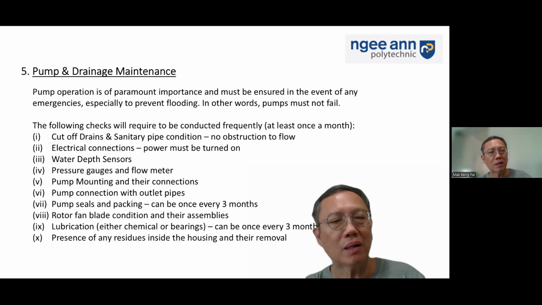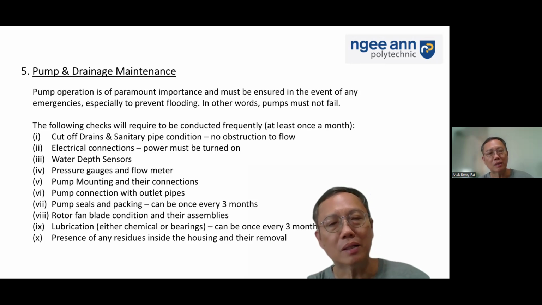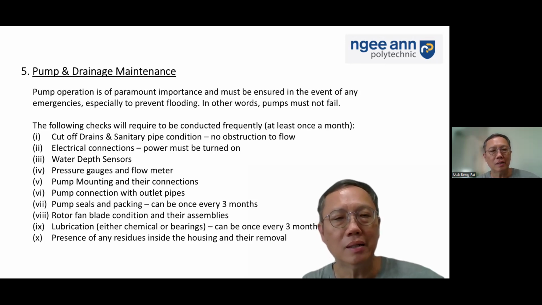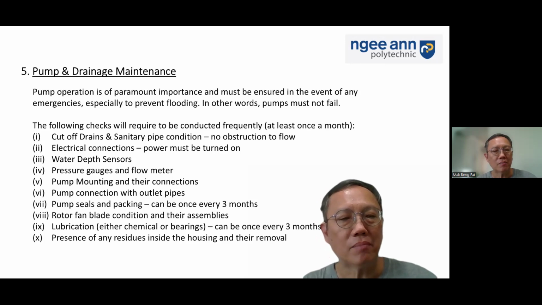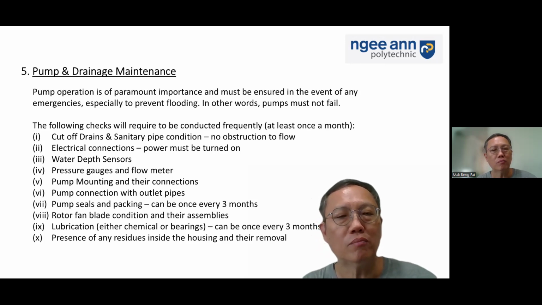Also within the pump, there are seals and packing, and other accessories like the rotor fan blade condition, lubrication, and the presence of any residues inside the housing. Some of these items, like the pump seals and the bearing, could be checked once every 3 months. Others need more frequent checks to make sure that the system is viable.